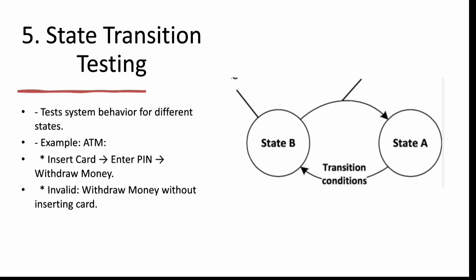Now this is called state transition testing, which is a very important testing. You can see it is kind of structural testing also. Suppose you have two or three stages or steps. You have to write a transition between the two steps. It is kind of logic, so you have to create a diagram.